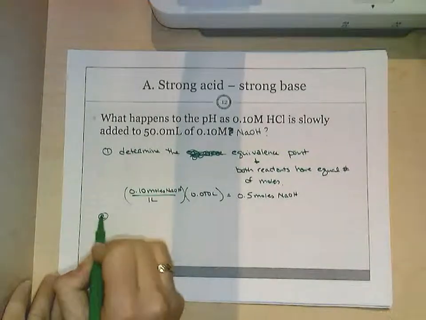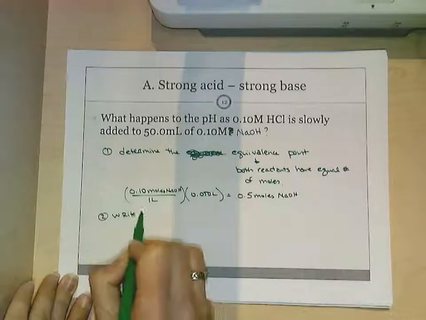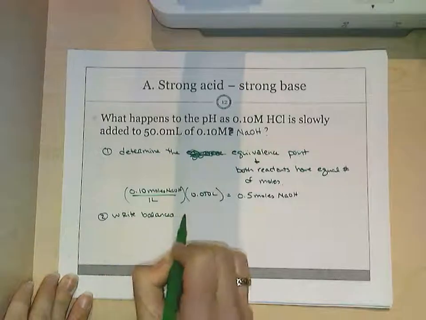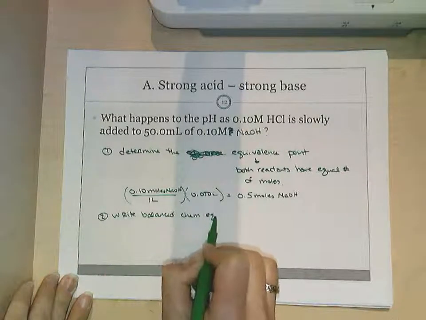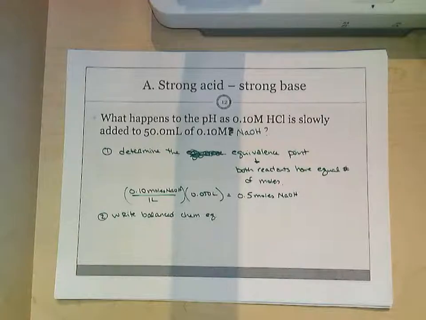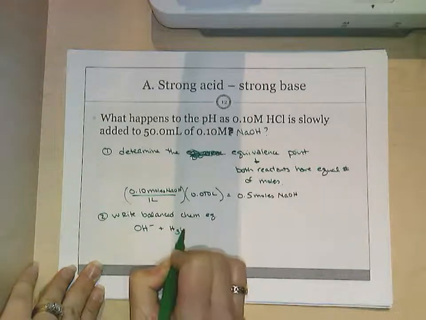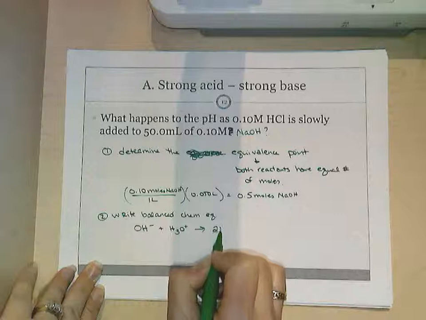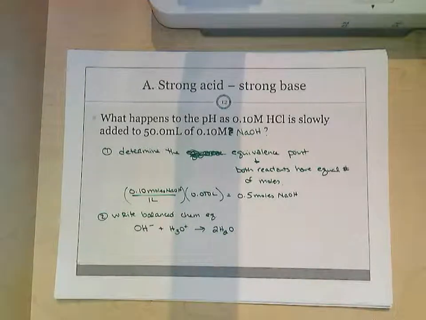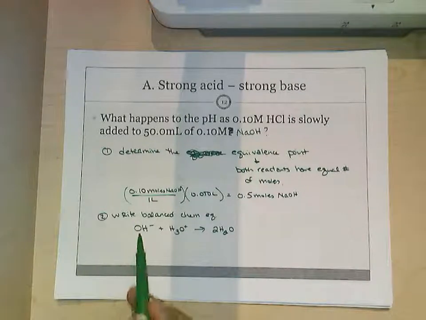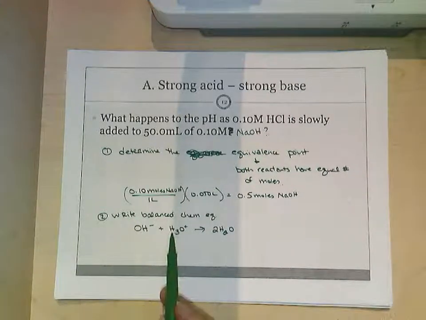So we'll write our balanced chemical equation. It's just a good habit to get into. That's our hydroxide from sodium hydroxide, and we always write our strong acid as a hydronium. So yes, in this case they are definitely 1-to-1.